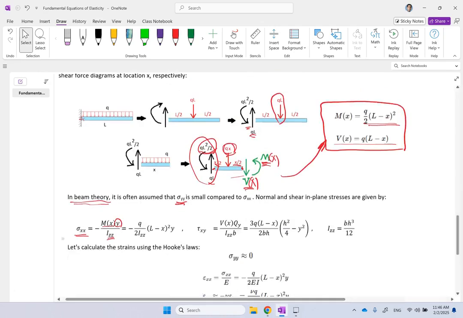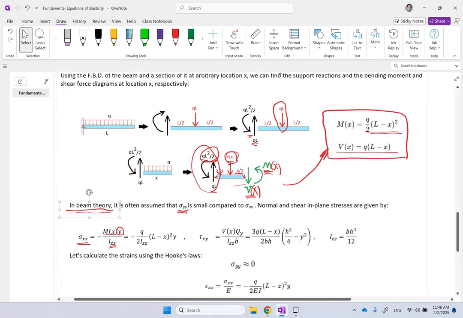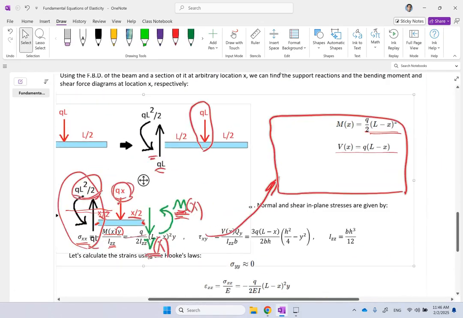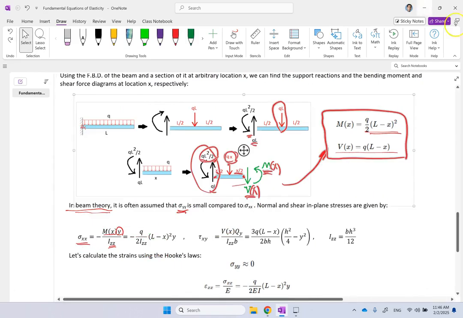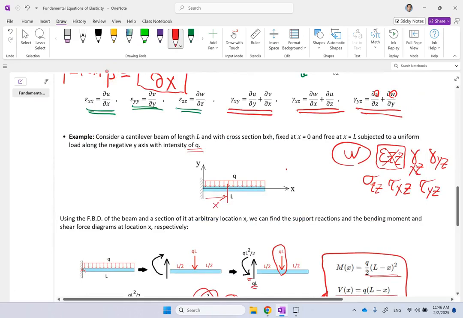And what is that? Well, if you look at this beam here, let me go up a little bit, the beam is like this. So this is how the beam is.